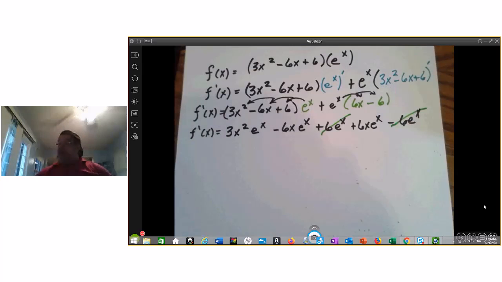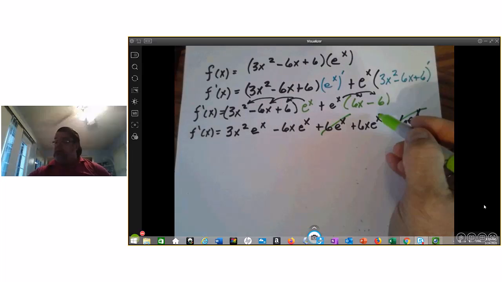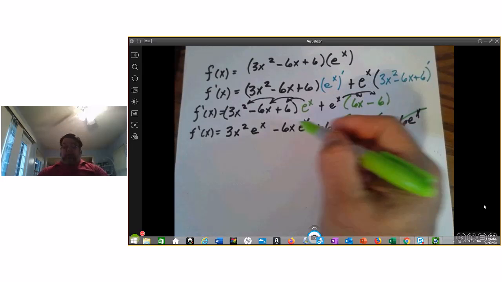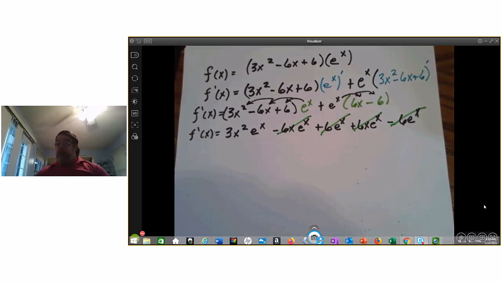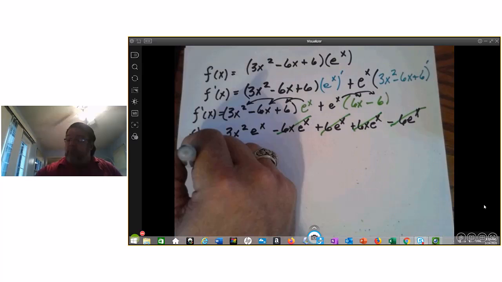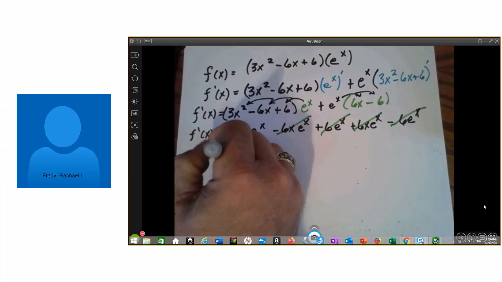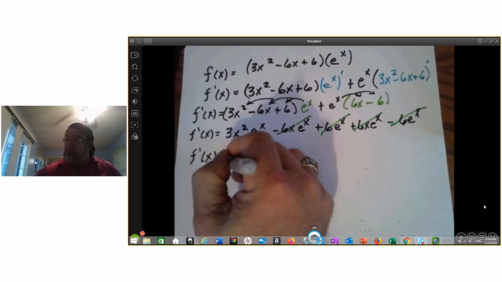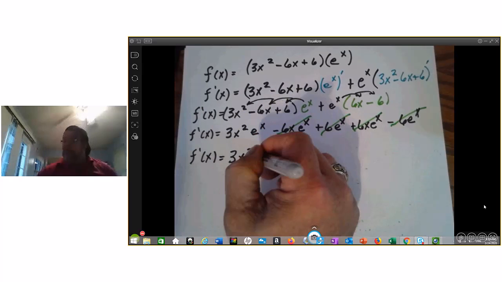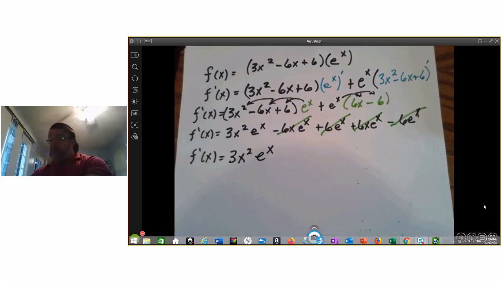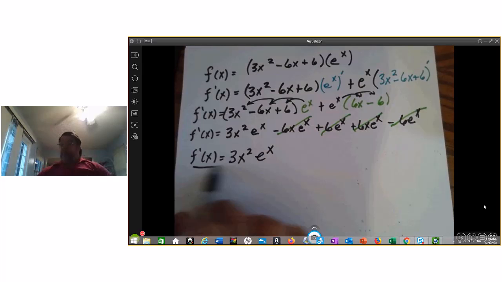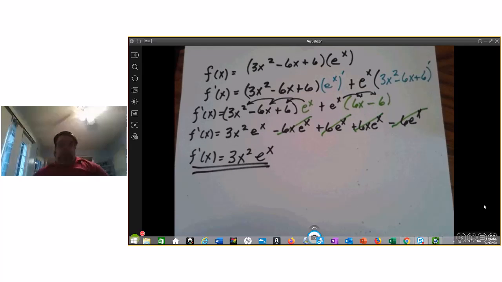And 6x e to the x cancels. And you're left with f prime of x is equal to 3x squared e to the x. That's a good test question.